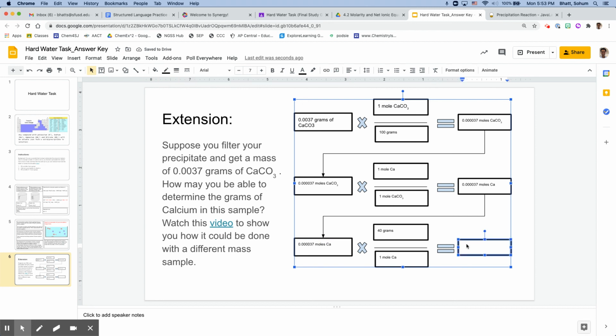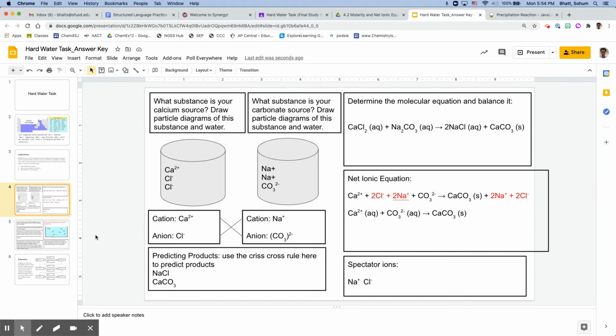So 40 times 0.000 is 0.00148 grams of Ca. All right, and that's how you would figure out the grams of calcium. Hopefully this video helped walk you through. Hopefully I was able to hit some misconceptions, and if you have any questions, feel free to leave them as private comments.